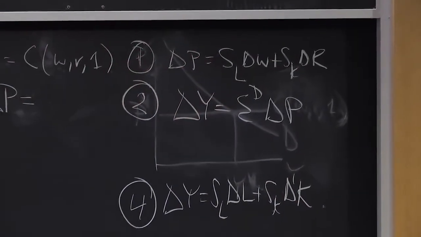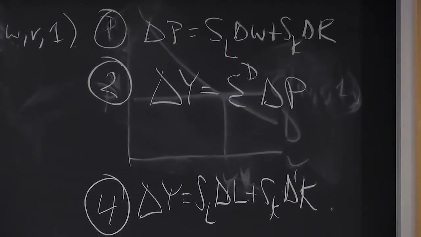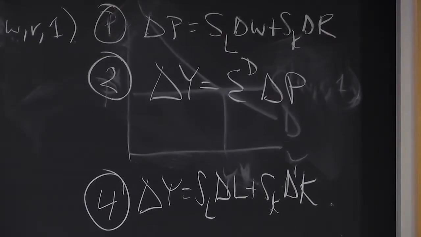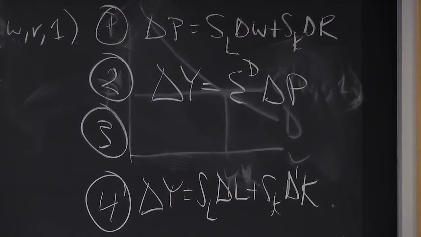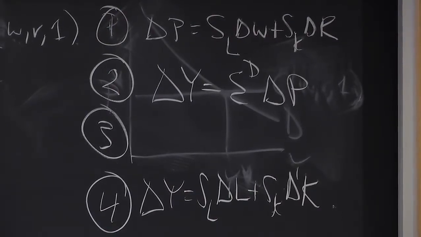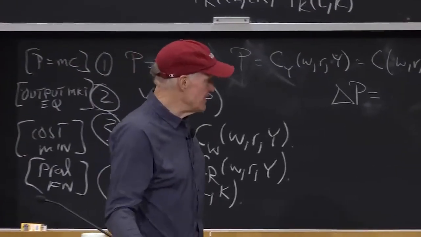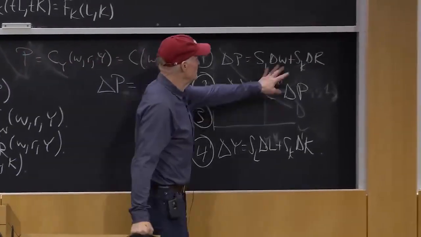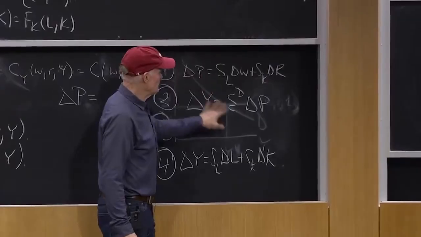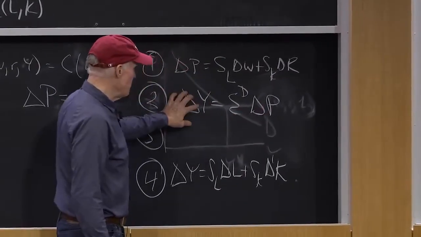So I've gone a long ways to describing my equilibrium. I just need one more equation that'll satisfy equation 3. What's missing so far? What ingredient? You should be able to guess what's missing. What's the piece that I haven't described yet? I've described how input costs affect price. I've described how price affects output.